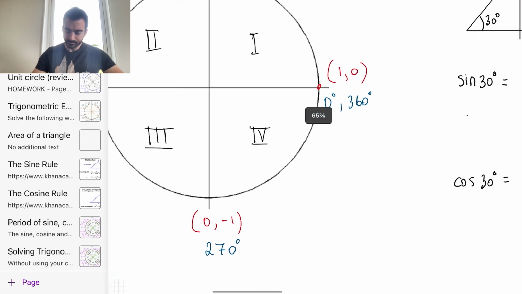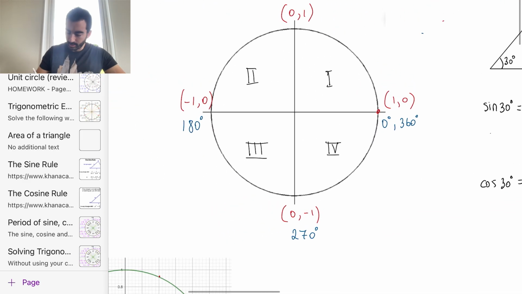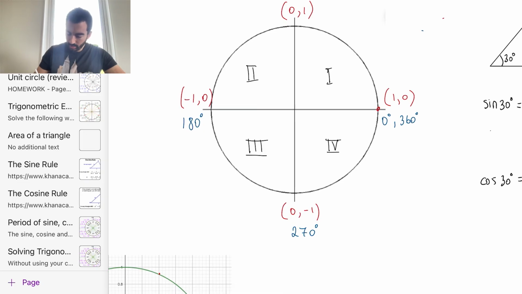That means that the cos of 0 or 360 is going to be 1, and the sine of 0 degrees or 360 degrees is going to be equivalent to 0.